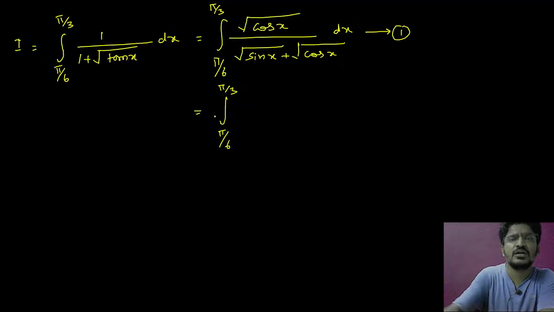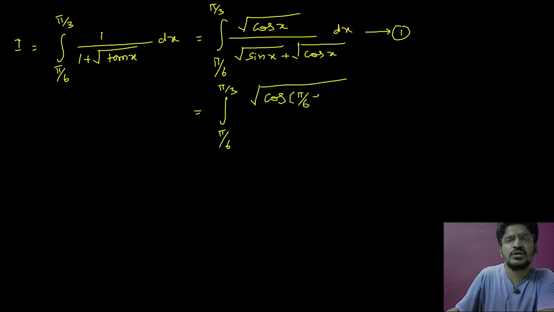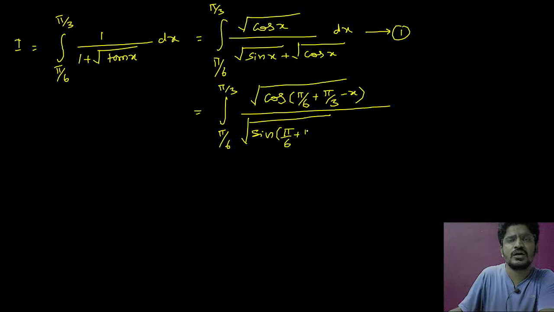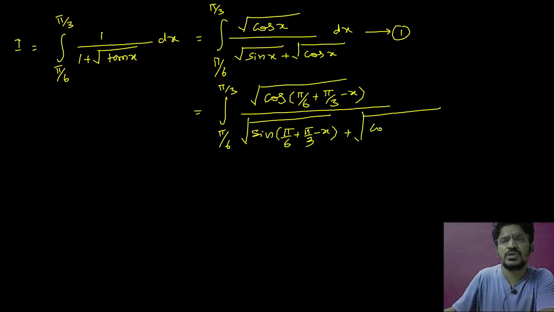minus x. So that will be root of cos of (a value is pi by 6, b value is pi by 3) minus x, divided by square root of sin of a plus b minus x plus root of cos of pi by 6 plus pi by 3 minus x, with respect to dx.